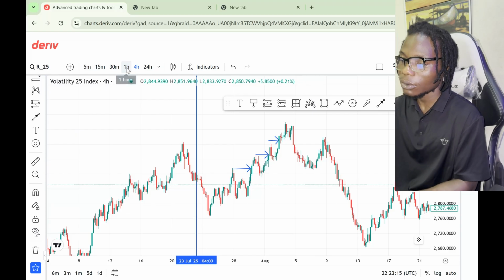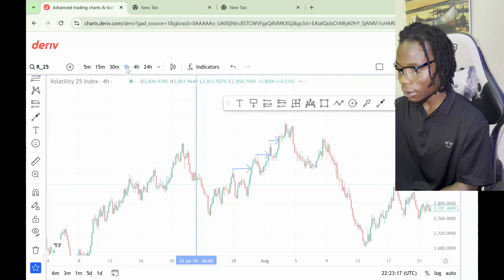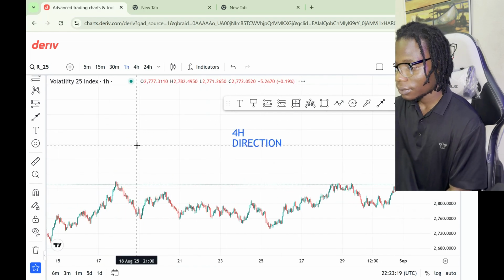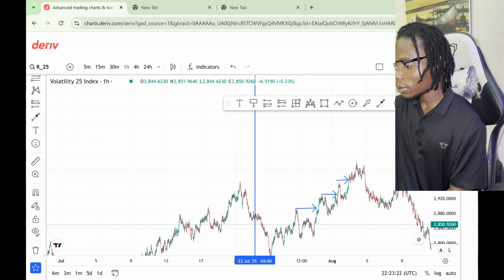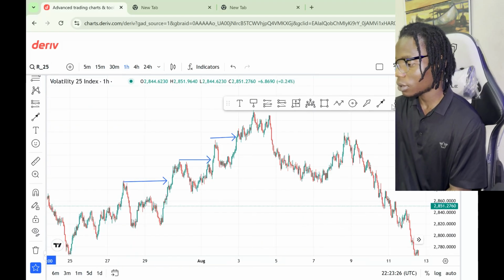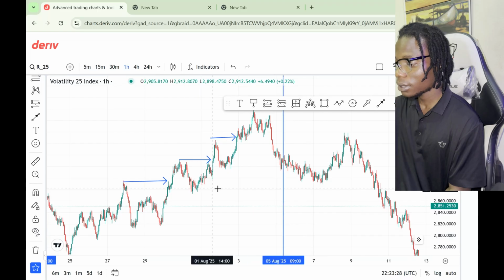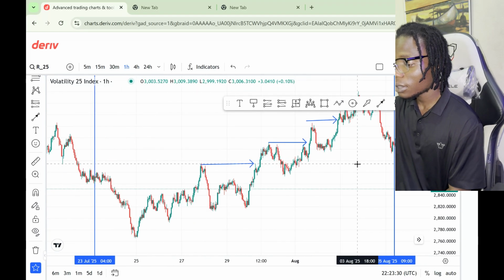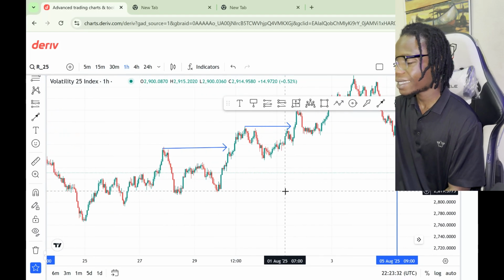Then we'll skip down to our 1 hour. I'm using these points here. Let me just get this done for you guys. So we'll scale down to our 1 hour, which is our analysis time frame.